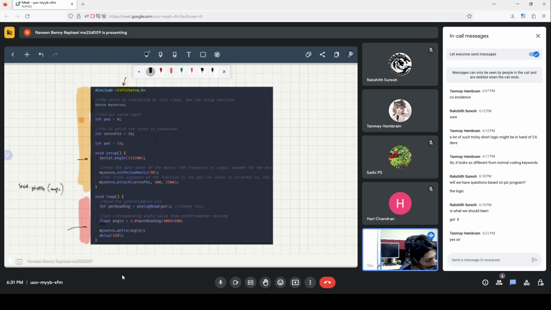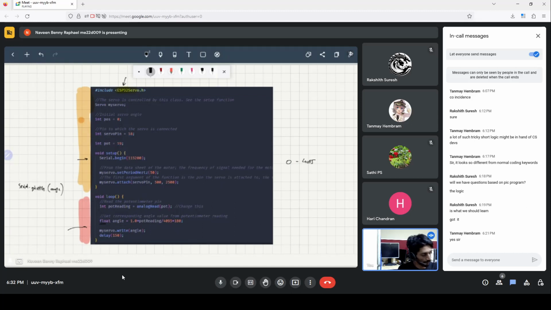So initially what it does, I'm reading from the potentiometer pin. The potentiometer pin was 19, and I'm doing an analog read from the potentiometer pin. You would think that the analog read will give you a floating point value, giving you the potential. However, I had to read the documentation for this. The documentation said that analog read gives you a value between 0 and 4095.